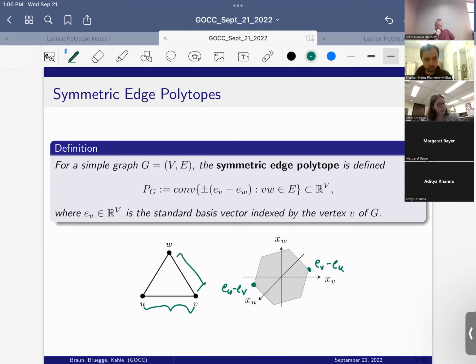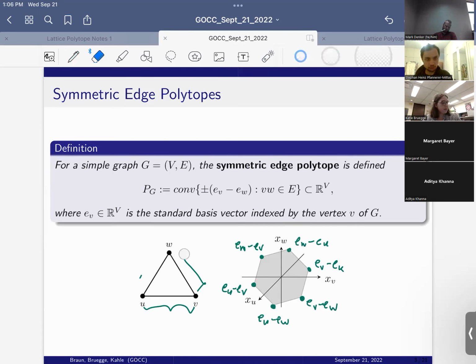Here from the edge vw, we get e_v minus e_w and e_w minus e_v, et cetera, and for completeness' sake, here is our e_u minus e_w and e_w minus e_u. Okay. So a fairly straightforward way to define this polytope from the information of the graph.